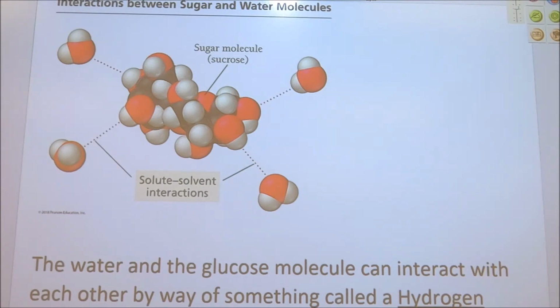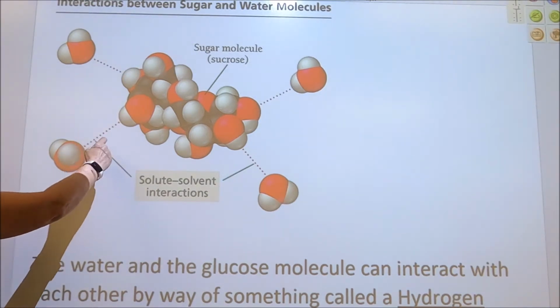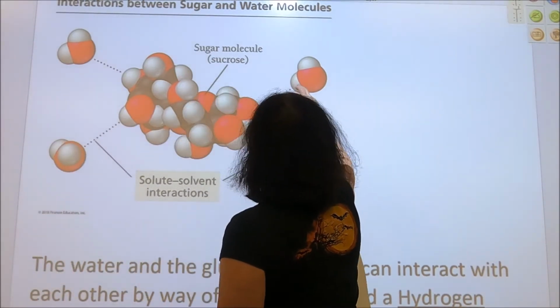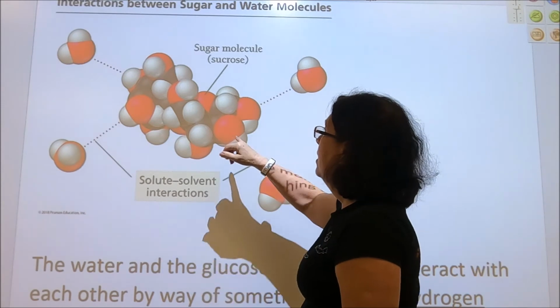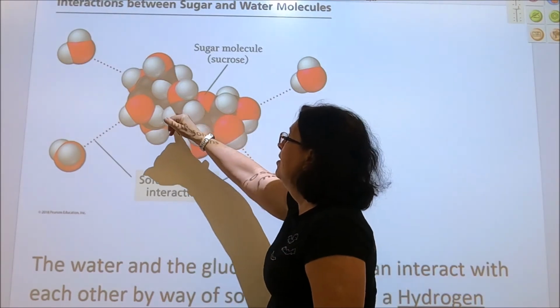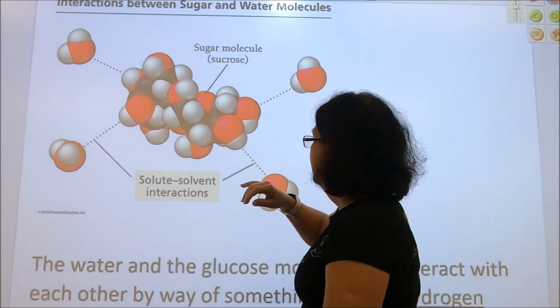Inter meaning between molecules. Okay? Notice that in some places it's the oxygen end that's interacting, and in some places it's the hydrogen end. Red stands for oxygens, white stands for hydrogens, and the black ones are carbons.